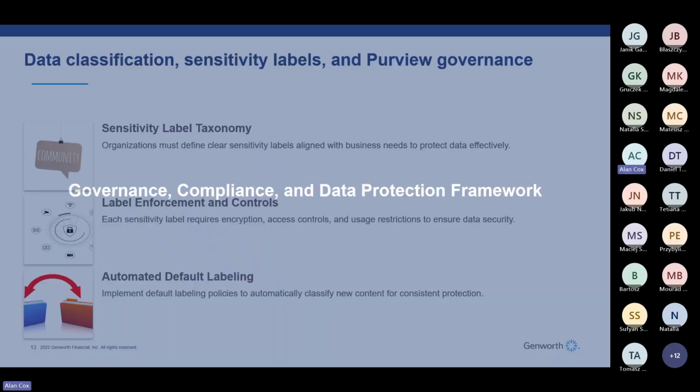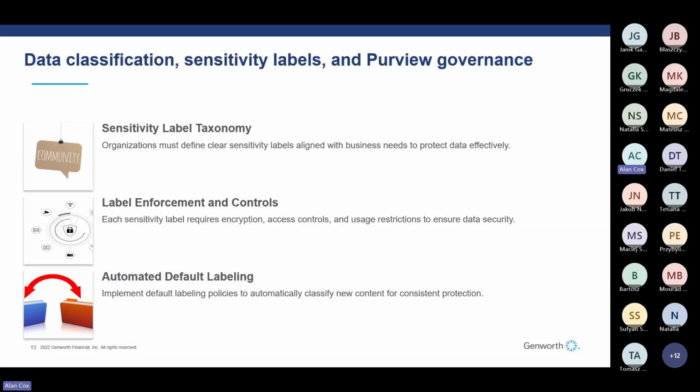Governance, compliance, and data protection. So here's where we really get down to it. And these are things that you can control a lot in your environment. I hope many organizations do, and I know a lot that I work with, one of the first things when we do a governance assessment or a compliance assessment, almost always we come away saying you need to up your label game, your classification game.